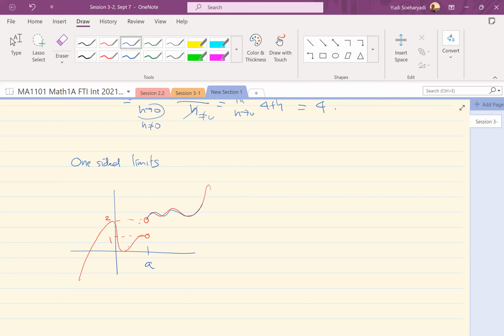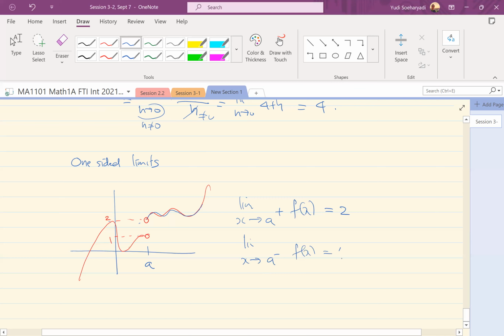But you see that in this case, we say that the limit as x approaching a from the right is 2. Okay. x approaching a from the left is 1. Okay. So that's the picture.